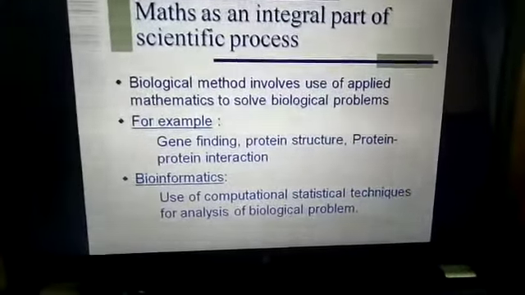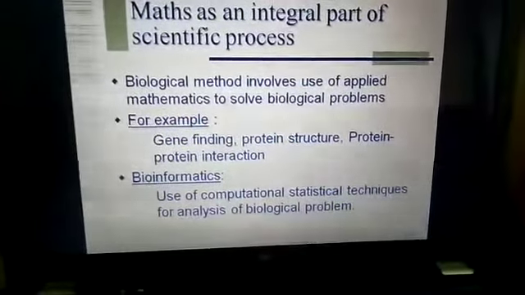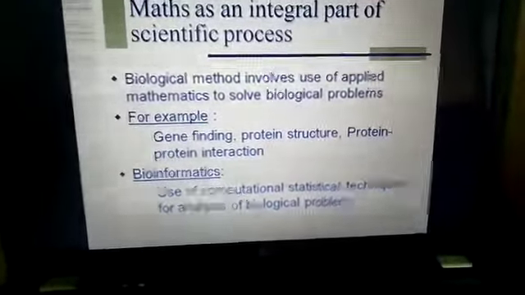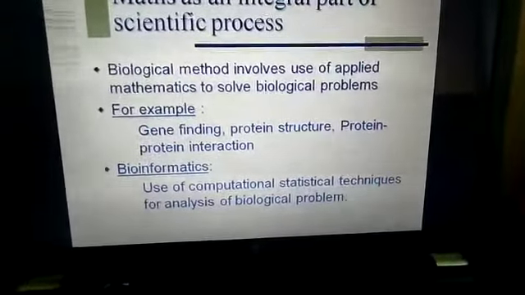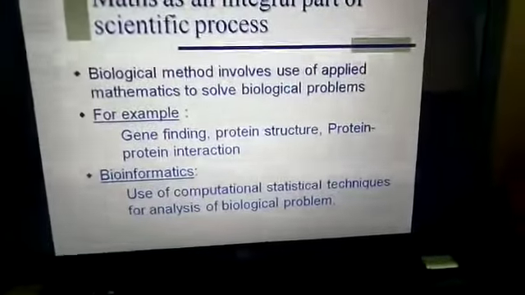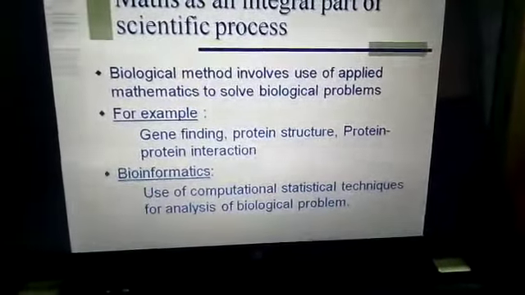Another field that comes from studying this is bioinformatics. It is the use of computational statistical techniques which are used for the analysis of biological problems.